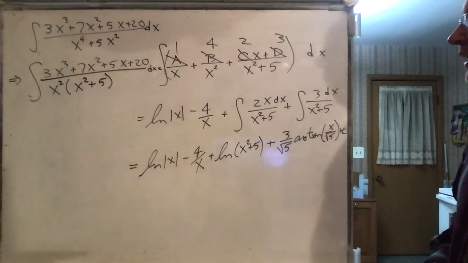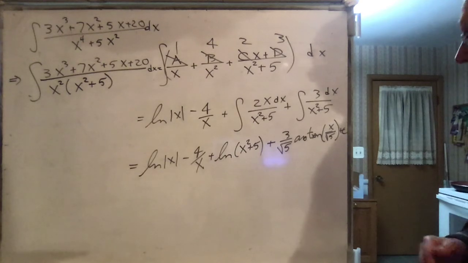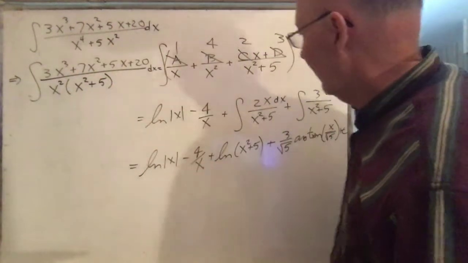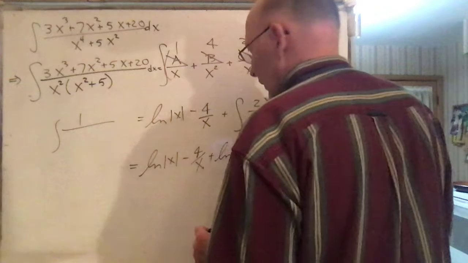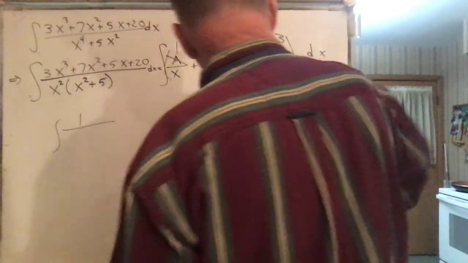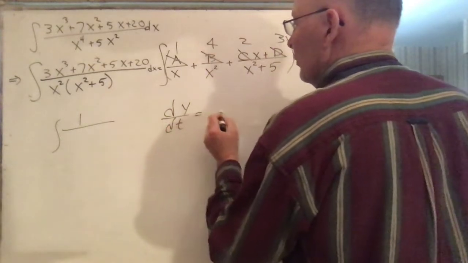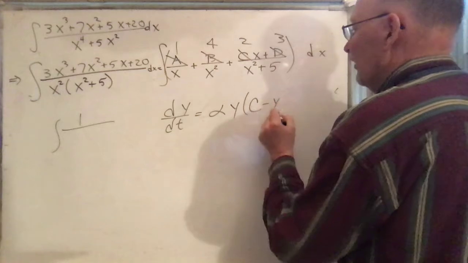That's called partial fractions. Very useful. This is really useful in doing lots of differential equations where you sometimes have to find antiderivatives of things like... I don't want to get carried away here, but you have differential equations that look like this: dy/dt is equal to alpha y times the carrying capacity minus y.